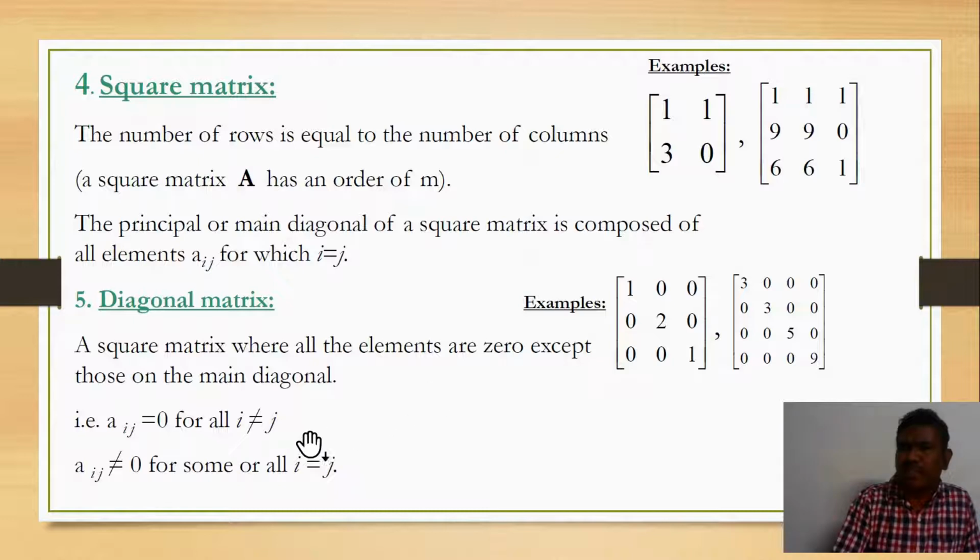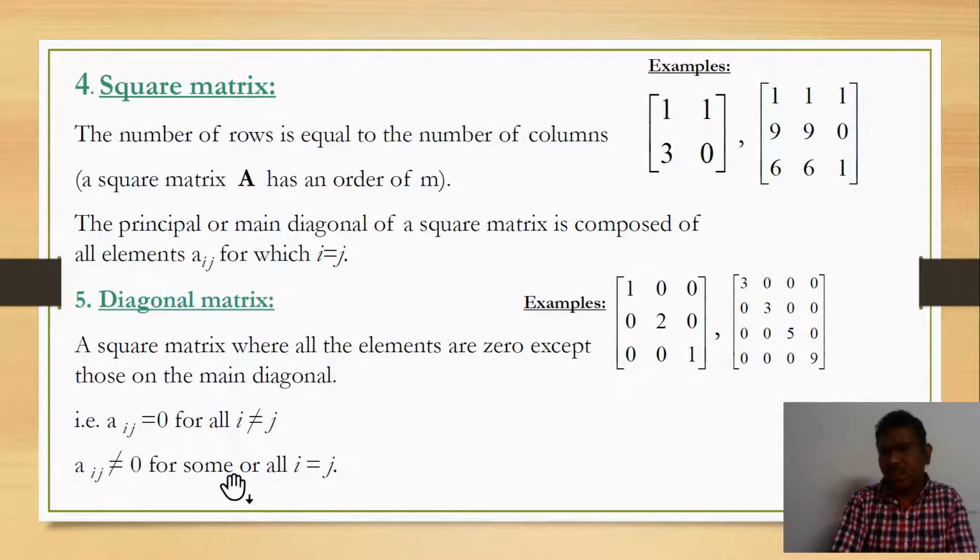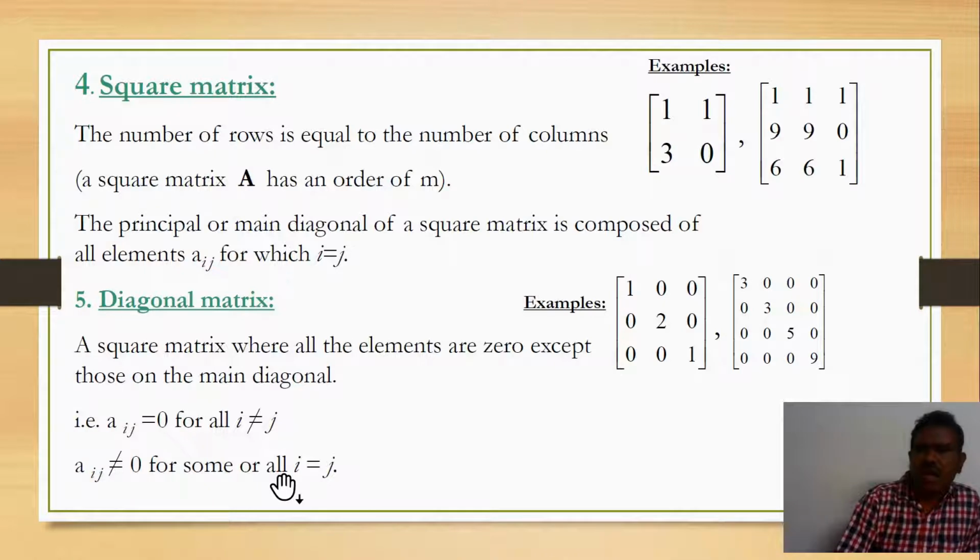So that is why you can support this mathematical notation: Aij equal to 0 for all i not equal to j. So Aij is not equal to 0 for some or all i equal to j. What is meant by this, students? Here the diagonal is also included. According to its meaning, you need to strictly understand.